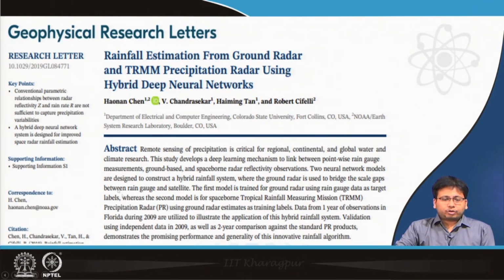Now finally we talked about a different problem based on similar ideas. So let us say this is related to rainfall estimation. For rainfall estimation we have primarily three sources. One is the automatic weather stations or the ground based in situ measurements which are located at specific points on the surface of the earth.